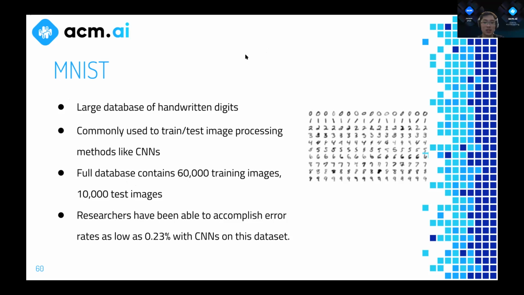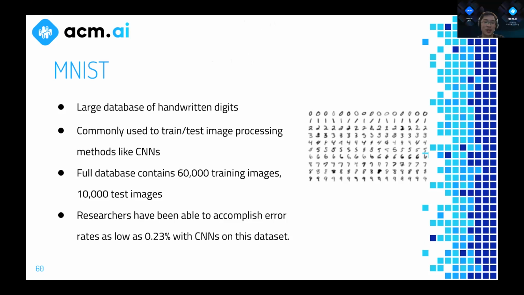Researchers have been able to accomplish an error rate as low as 0.23% for CNNs on this data set, which is very impressive. Because if you try to train a fully connected neural network, you might get an error rate of 2%, which is pretty decent because computer vision is a very challenging task.